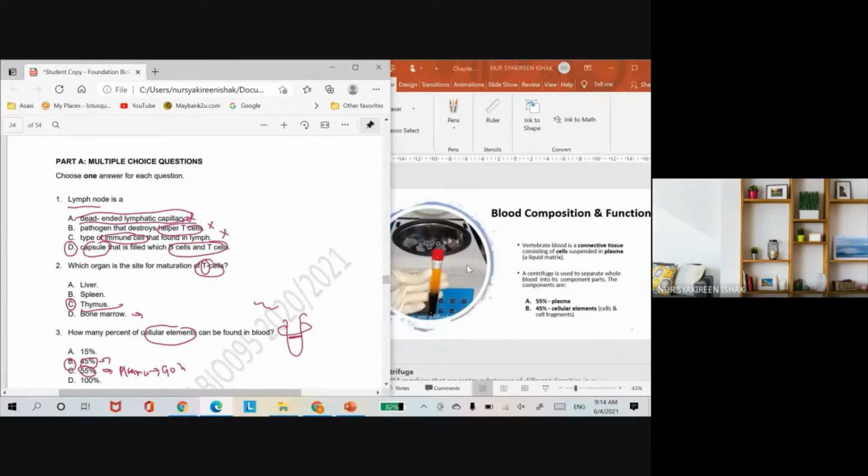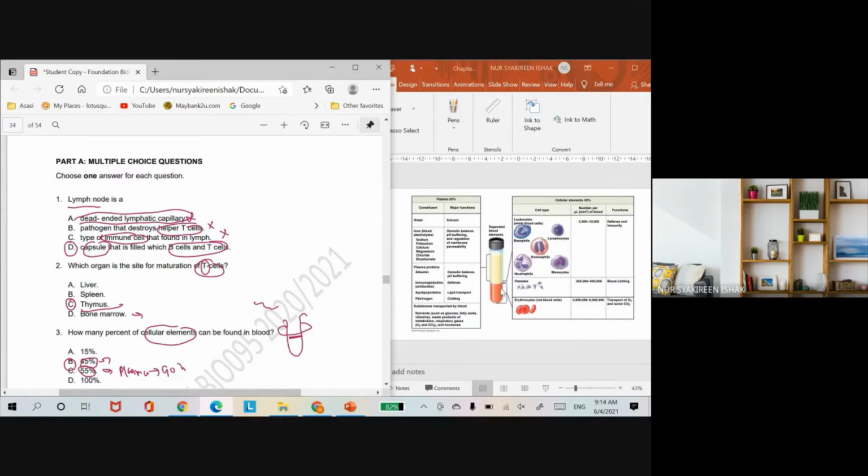Okay, so 55% is the blood plasma, and 45% is the cellular element that is composed of cells: red blood cells, white blood cells, and also cell fragments, which refers to the platelets. If you look at the picture, you can see a thin layer, which we call the platelets.